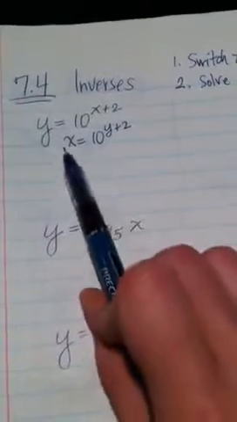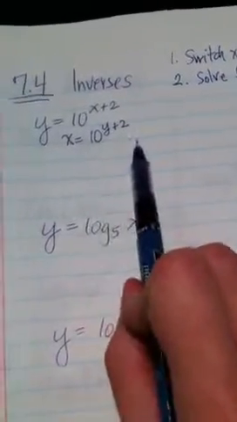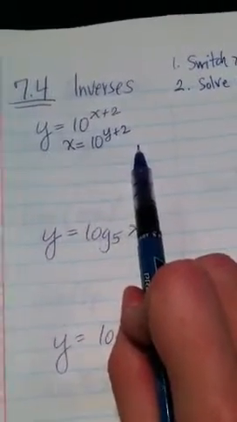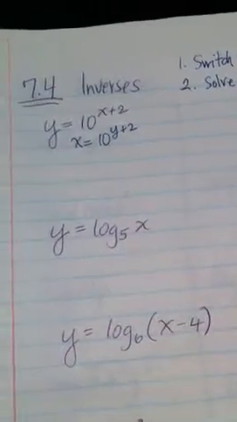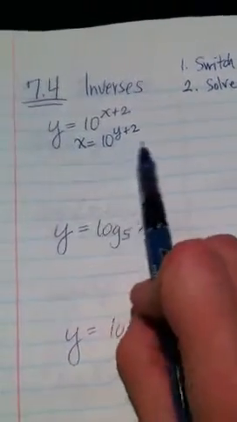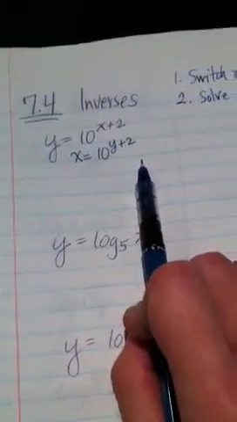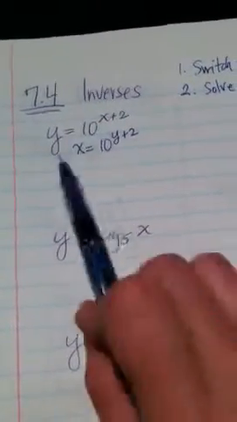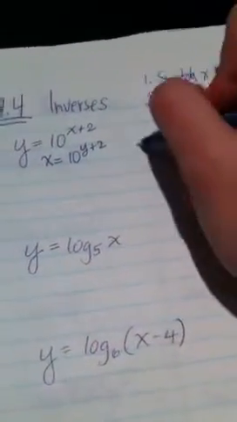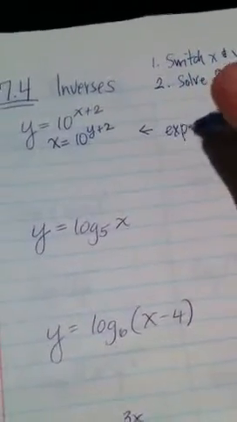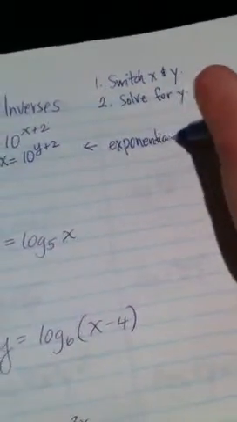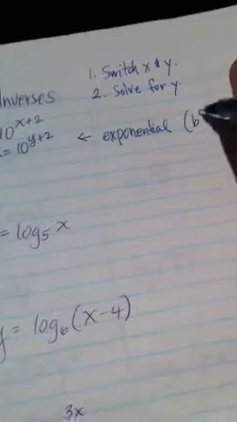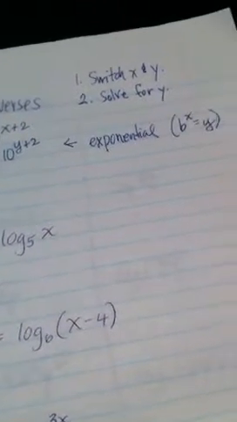So you ask yourself, is log anywhere in this problem? And if it is, then it's in log form. And if it's not, then it's in exponential form. So is log anywhere in this problem? No. This doesn't have one. So that means that this is in exponential form, which is b to the x equals y.